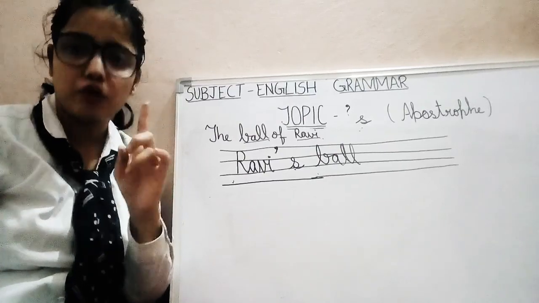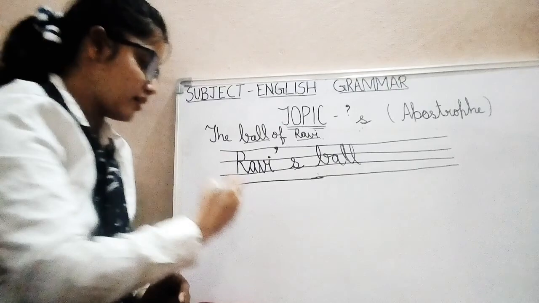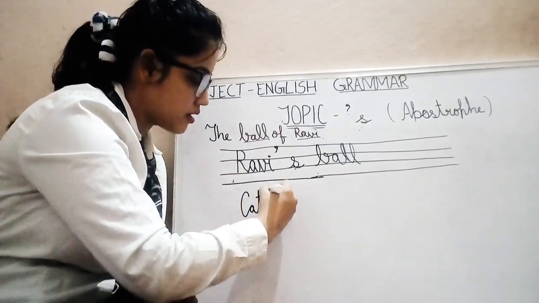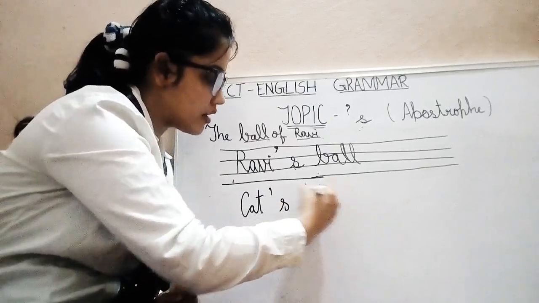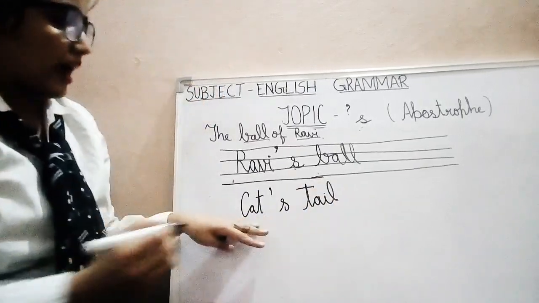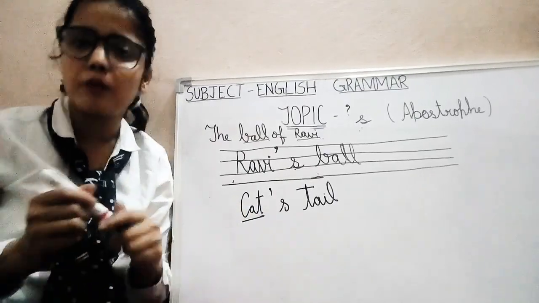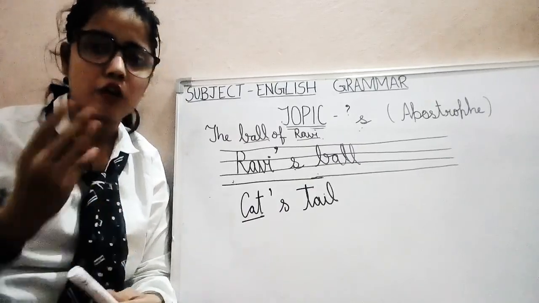Now here we have talked about one person, like for singular, or for a singular object. Like if I say the cat's tail, so in this also the cat is one in number, that is why we are not using S. And you know, for plural words we use S at the end of their spelling. So what about them?